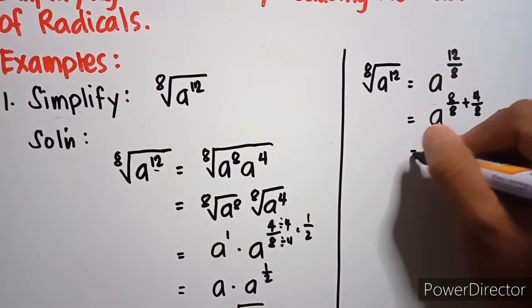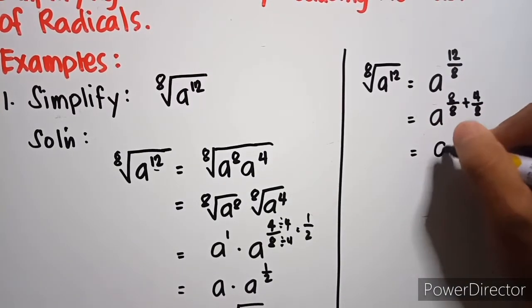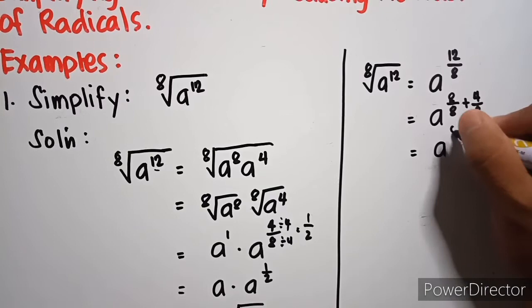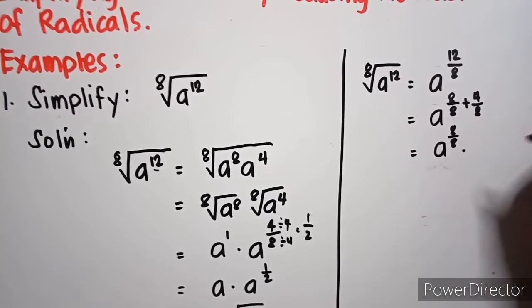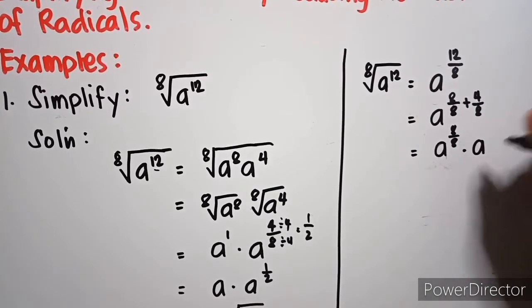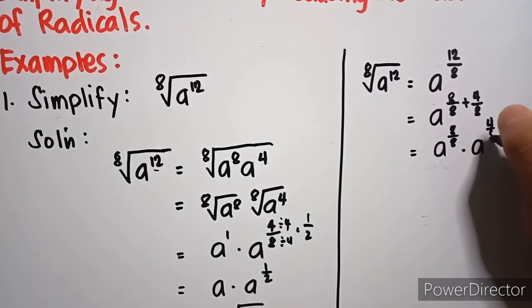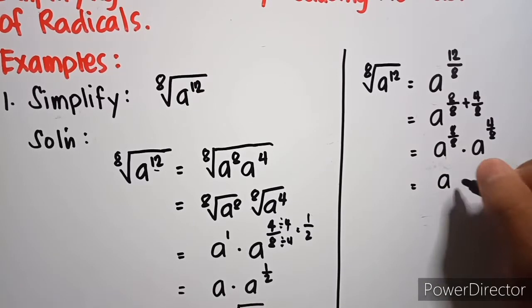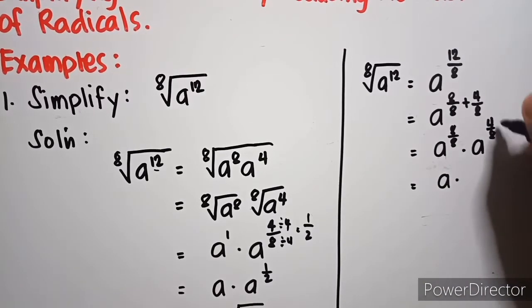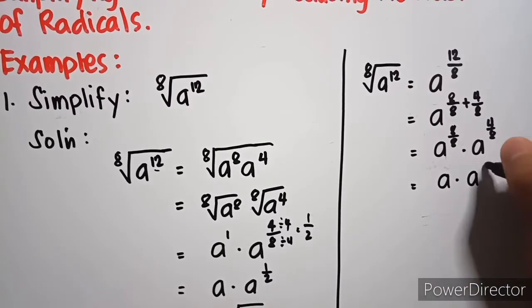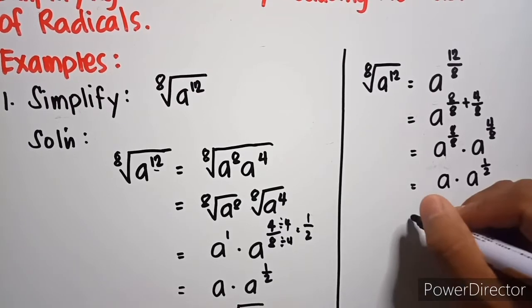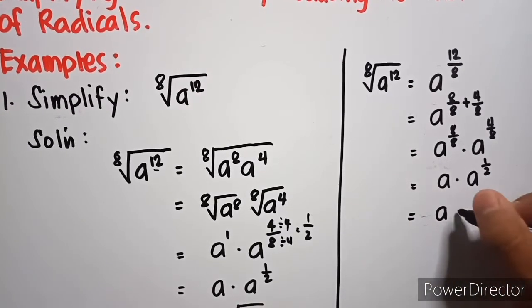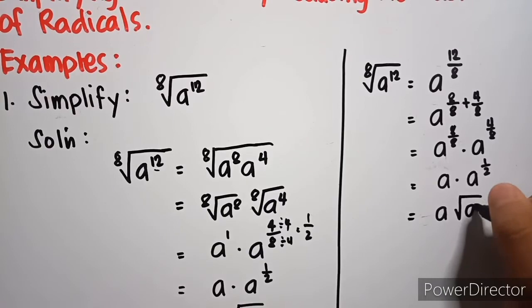So we'll have a raised to 8 over 8 times, applying laws of exponent, a raised to 4 over 8. So that is equal to a times, simplify, a raised to 1/2. And this is equal to a square root of a.